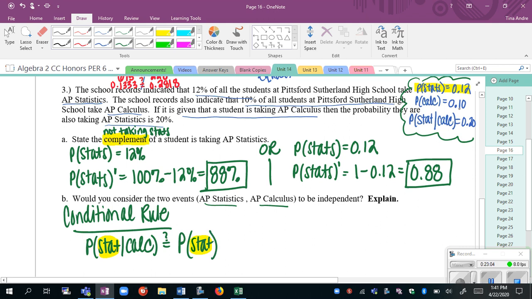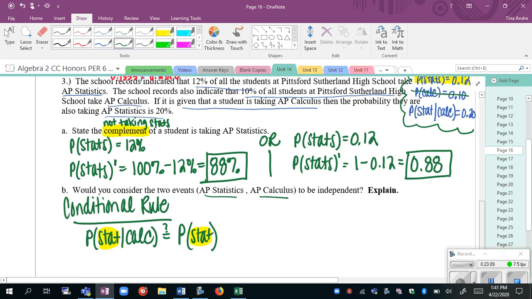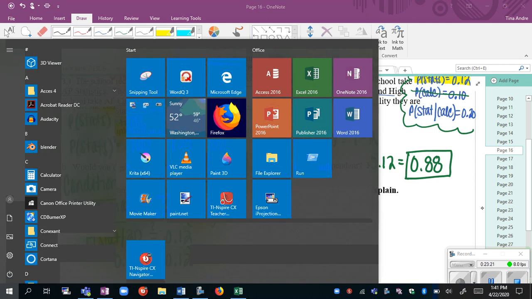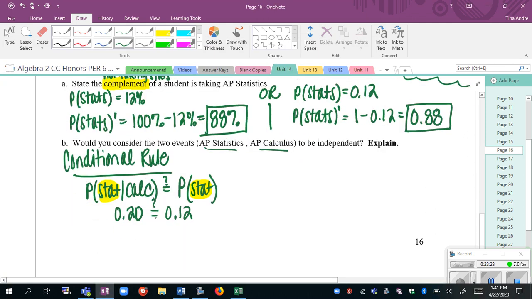Really, this probability of calculus, you're not even using that. But it gave it to you, so you just have to be careful. So now I have 0.2. Is that equal to 0.12? They're already in decimal form. So in this situation, compare your decimals: not the same.